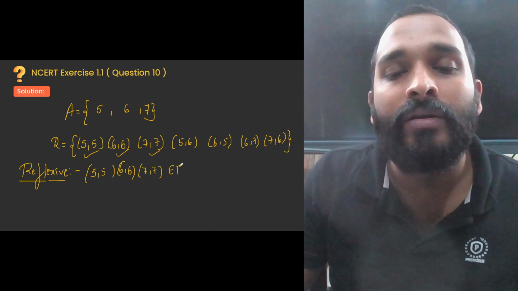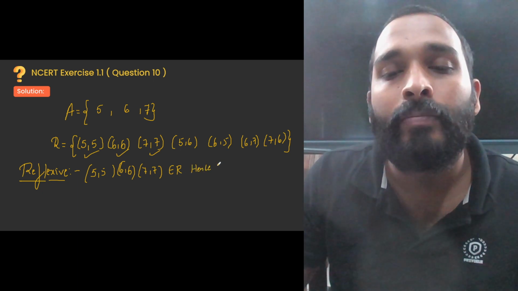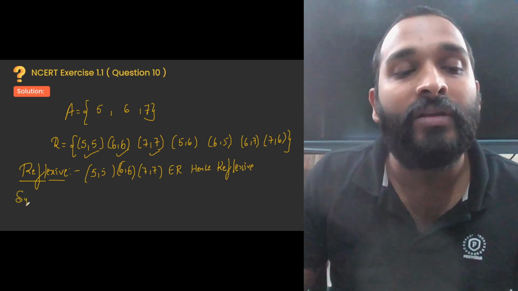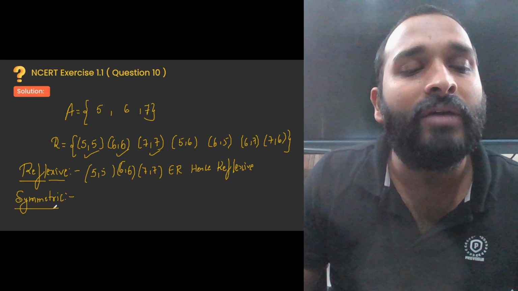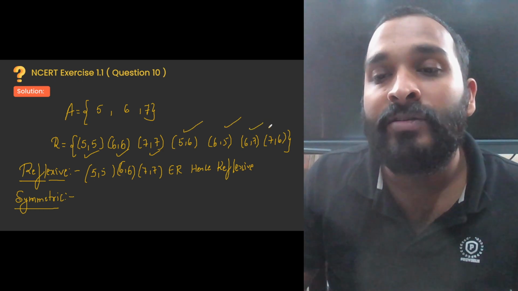Yes children, so hence it is, what do we write? Hence reflexive. Yes, now tell me about the symmetry condition. It is symmetric sir. Why? What are the conditions children? Whatever needs to be satisfied is there here, because (5, 6) is there, (6, 5) is there, (6, 7), (7, 6) is there.